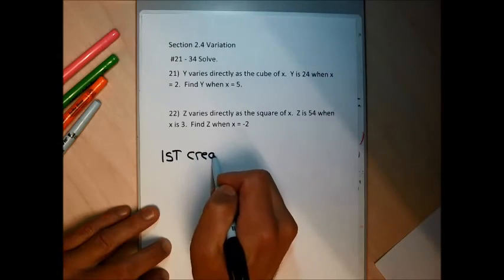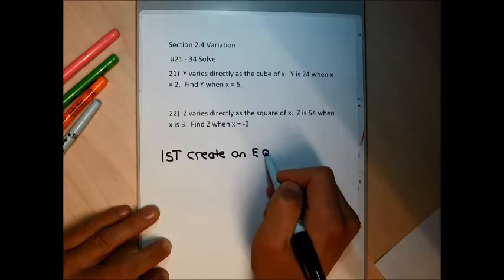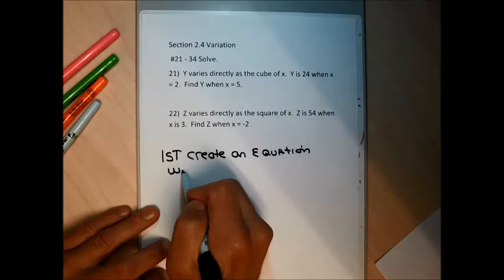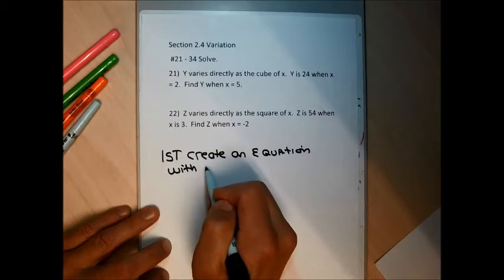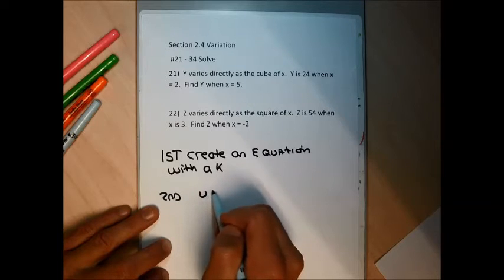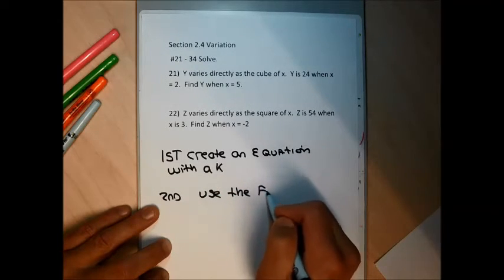I need to create an equation with a k, and then second I'm going to use the first set of numbers to solve for k.